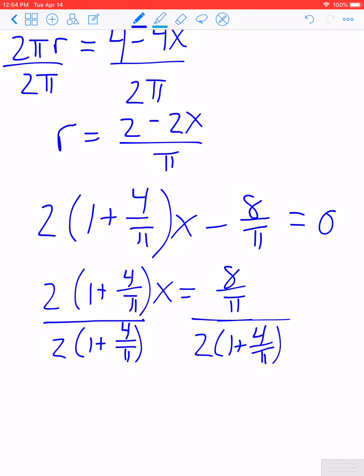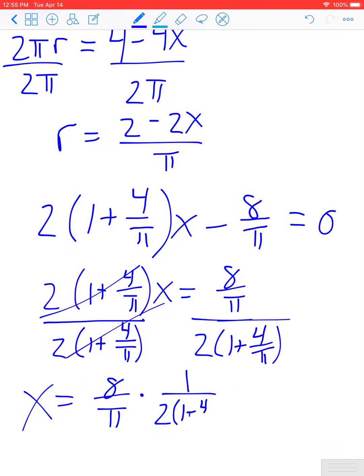A little bit of fun with fractions. This would solve for x. If we work this out, it would be like old school keep, change, flip. We're going to have 8/π times 1 over 2 times (1 + 4/π).